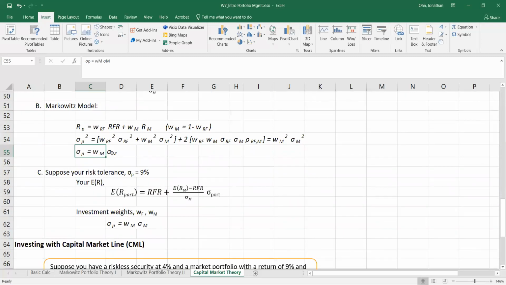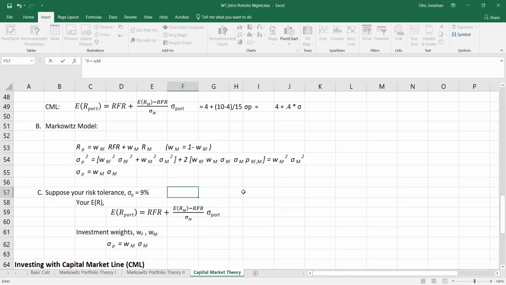Suppose, this is the capital market theory version of the standard deviation. Suppose your risk tolerance is 9%. Then what does that mean? You could use this one: 9% is equal to WM times 15.